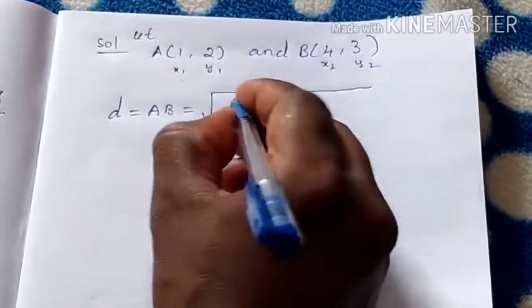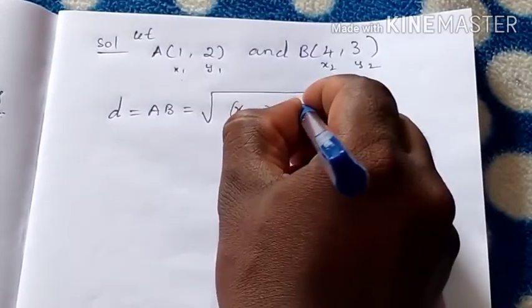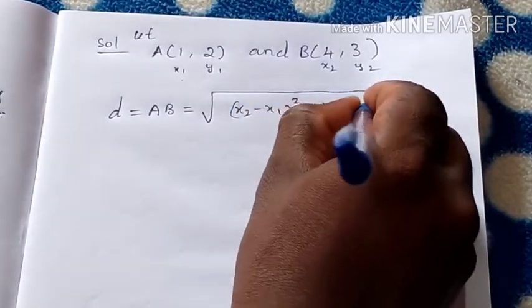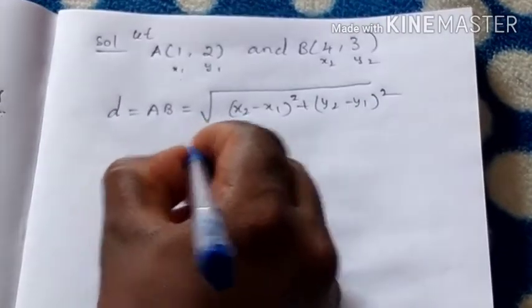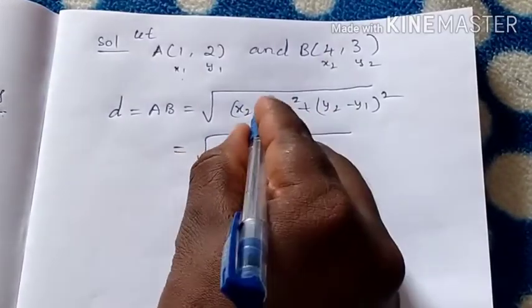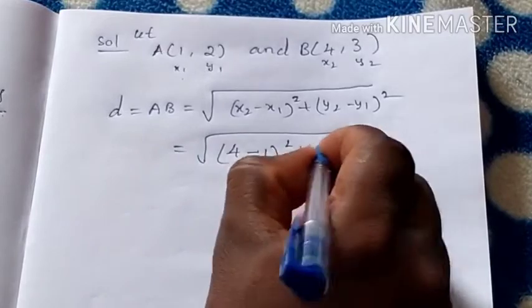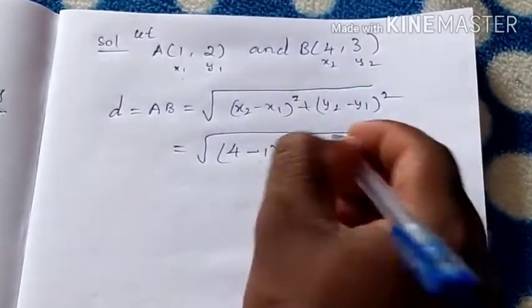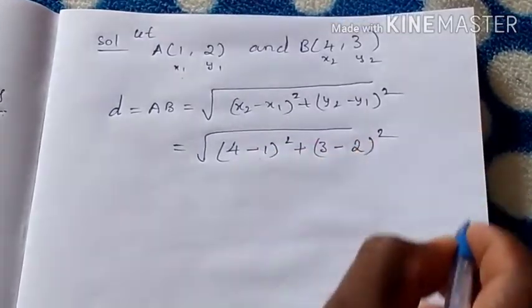The square root of x2 minus x1 the whole square plus y2 minus y1 the whole square, which is equal to the square root of x2 value 4 minus x1 value 1 the whole square plus y2 value 3 minus y1 value 2 the whole square.